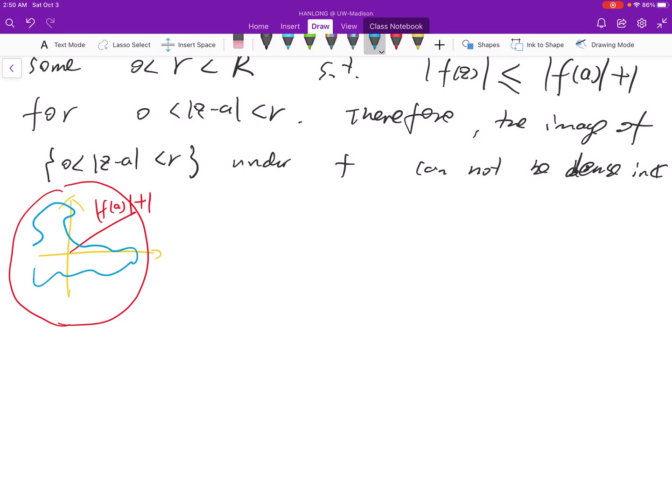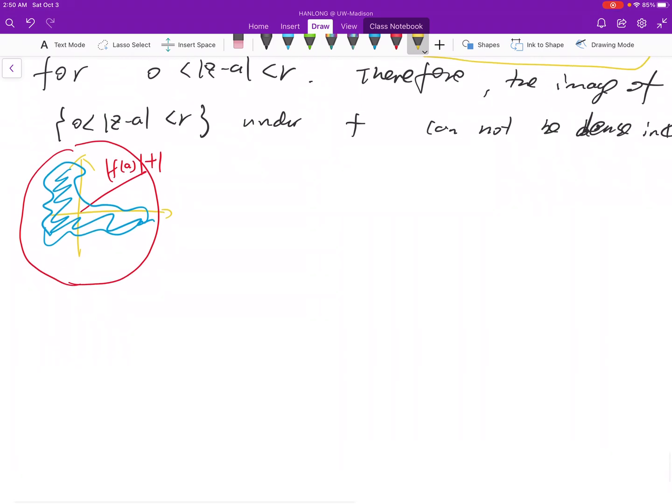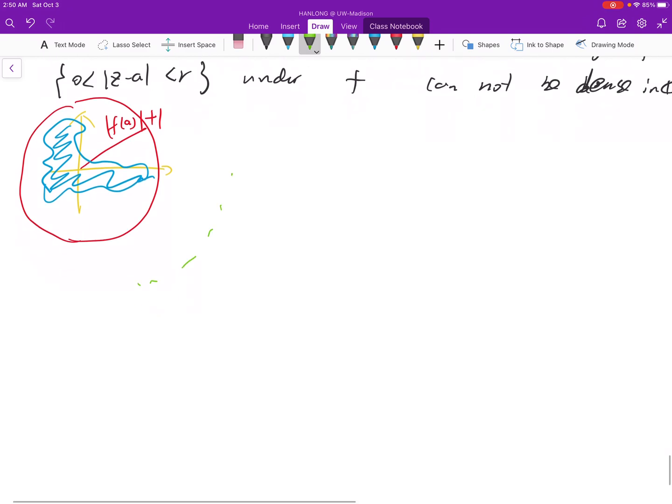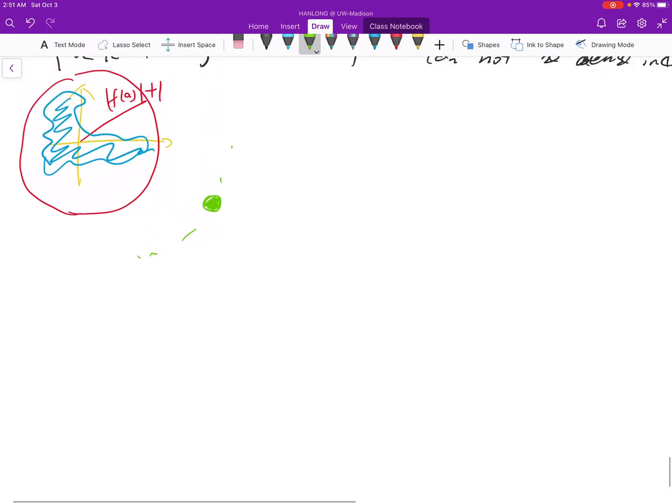So no matter how wild your image is, by this estimate it's contained in this ball. Then it contradicts the assumption that the blue set should be dense in C because you have some outside part. For this point, for example, you can take a small ball such that there are no blue points.